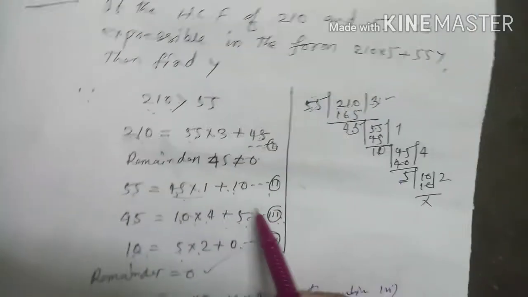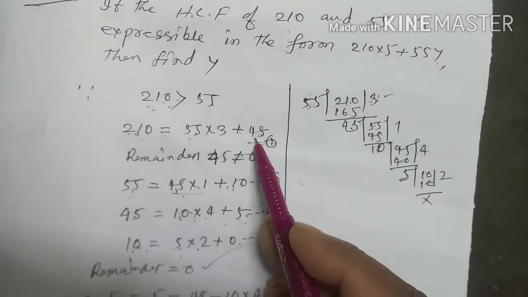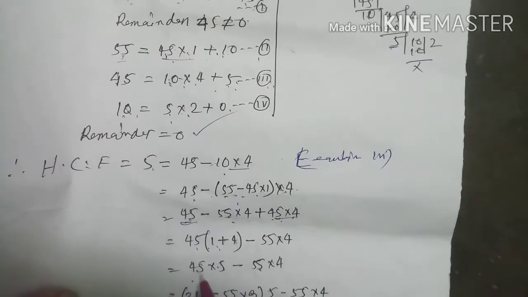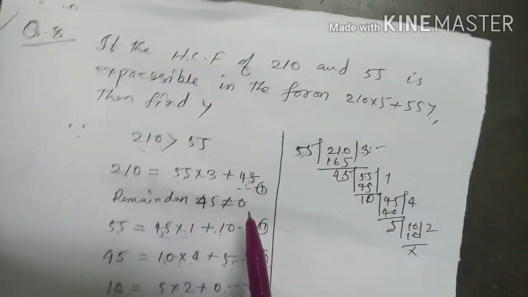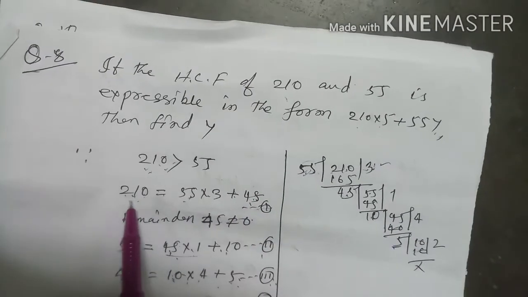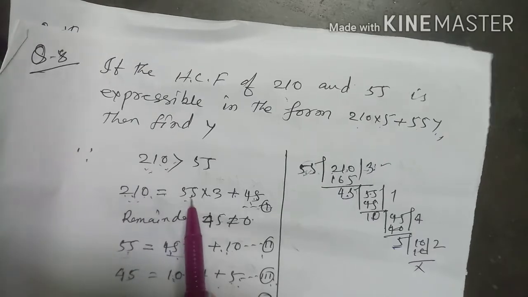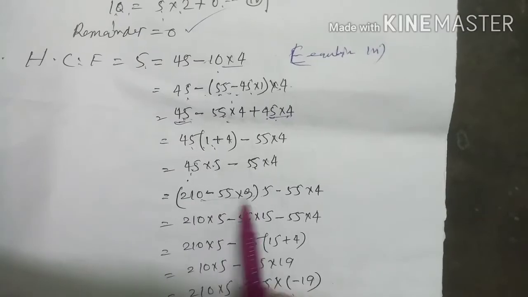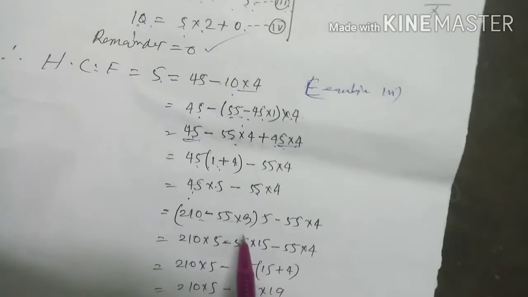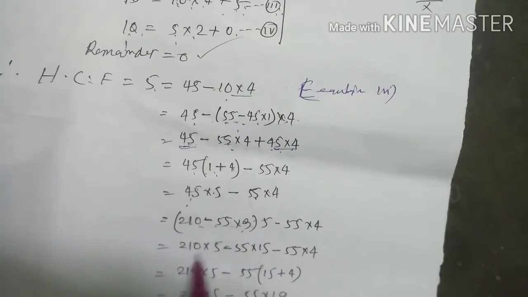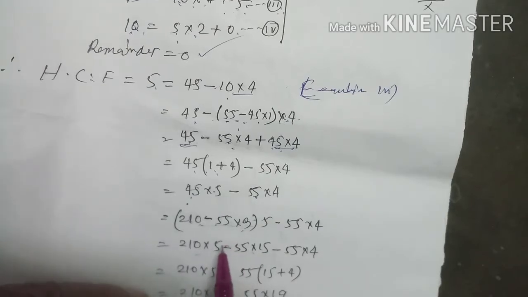Now from equation 1, we have 45 equal to 210 minus 55 into 3. Putting this value, now we have all the starting numbers.